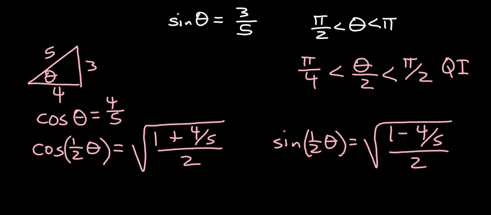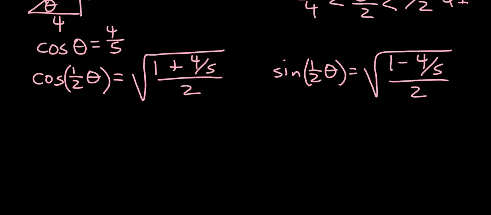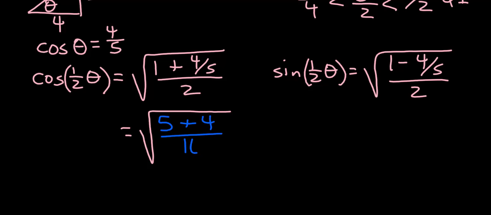Okay, now we can simplify, we can make these look a little nicer. I could multiply through by 5 on the top, and what I'll get is 5 plus 4 over 10. I just multiplied this by 5, this by 5, and this by 5.